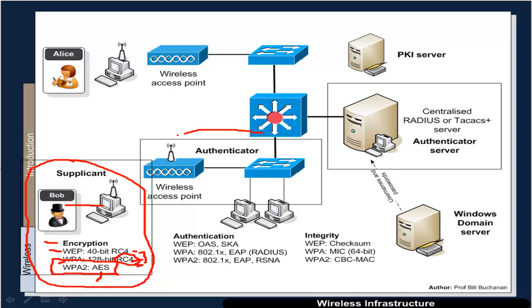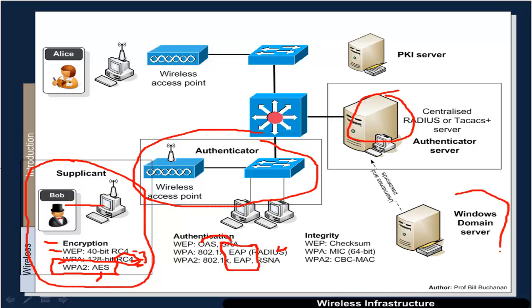We have an authenticator, and with this we can authenticate openly or with a shared key, but more increasingly we're using back-end authentication infrastructures such as Radius to authenticate users and devices onto the network.